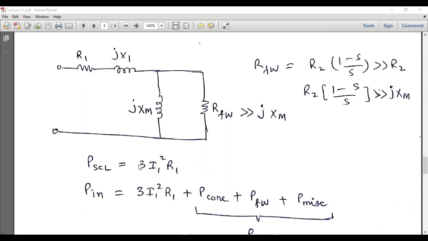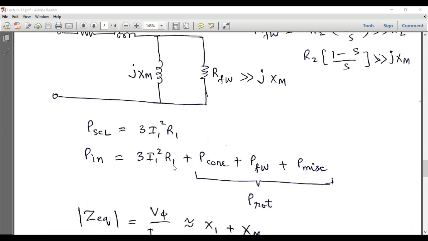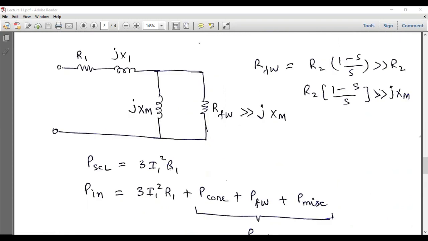So the stator copper loss is equal to 3 I1 square R1, and the total input power is equal to this stator copper loss plus the sum of these three losses, and these three losses are called rotational losses. So we have to connect a power meter over here.